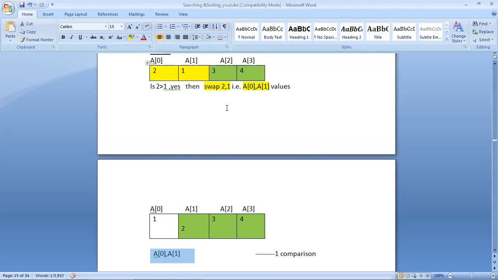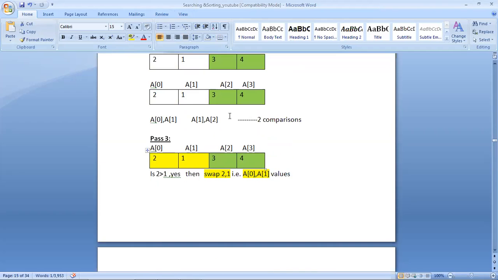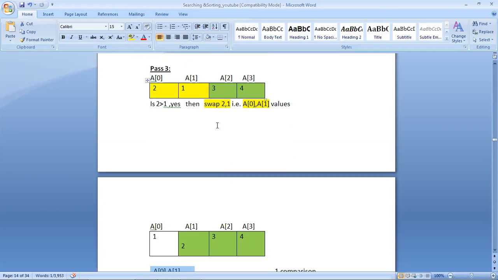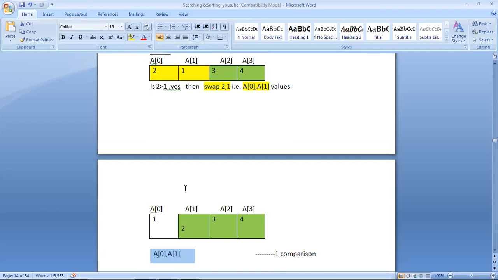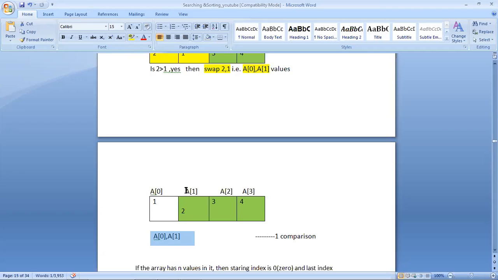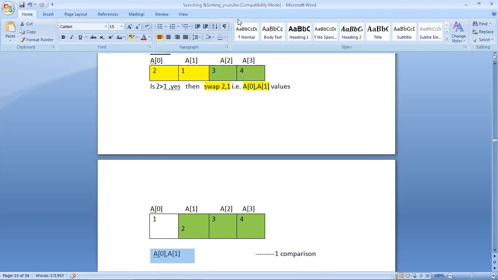The final observation is that in every pass one value reaches its correct position. After pass 2, the second biggest value reached its correct position. After pass 3, the third biggest value reached its proper position.